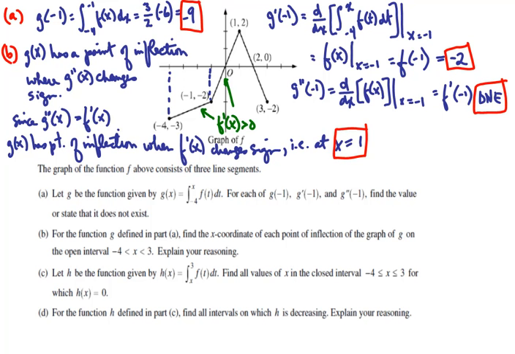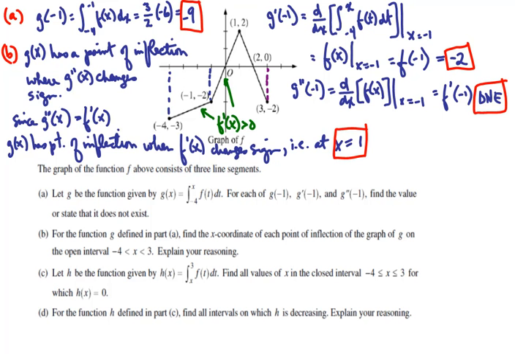Now in part C, we have a new function, h of x, which is the integral from x to 3 of f of t dt. We want to find all values between -4 and 3 for which h of x is 0. So you want to think of 3 as your ending point here, and you want to go backwards from there until you get a net area of 0.